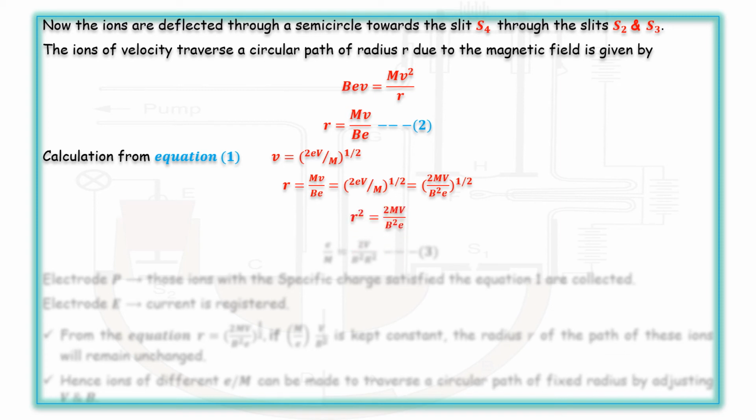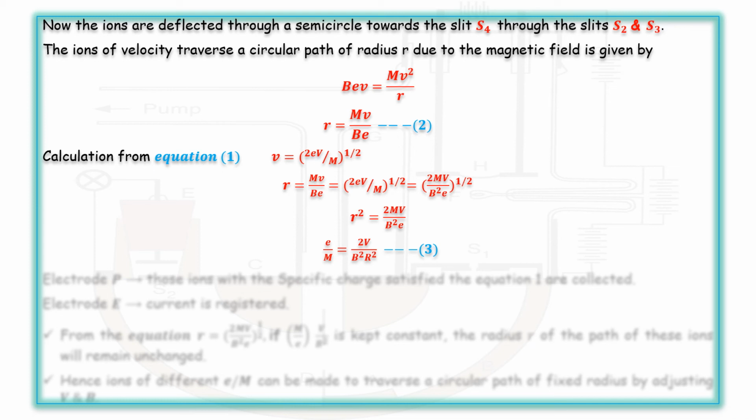Then r square equal to 2mV by B square e. From this relation, we find the value e by m equal to 2V by B square r square. Put this as equation number 3.